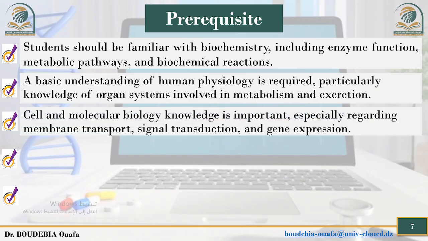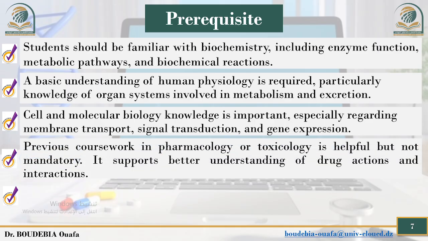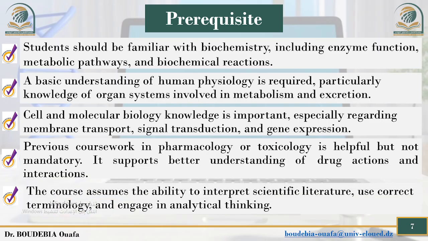Cell and molecular biology knowledge is important, especially regarding membrane transport, signal transduction, and gene expression. Coursework in pharmacology and toxicology is helpful but not mandatory. It supports better understanding of drug actions and interactions. The course assesses the ability to interpret scientific literature, use correct terminology, and engage in analytical thinking.